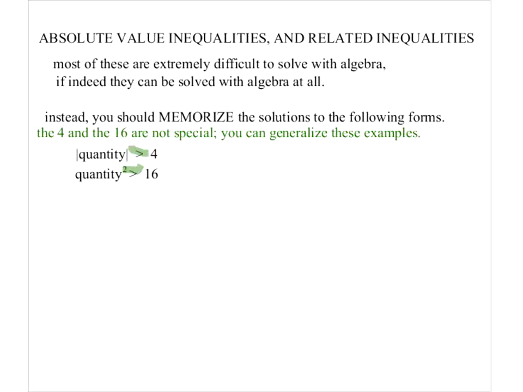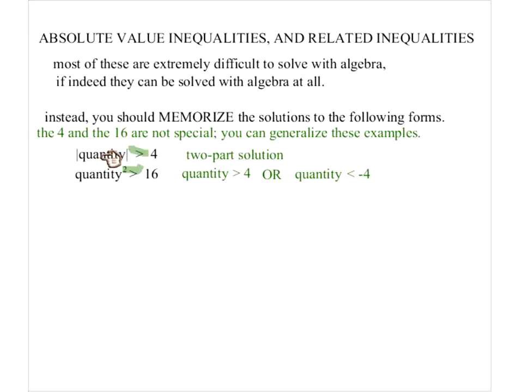If you wind up with absolute value and greater than, it's a two-part solution: either quantity is greater than 4, or quantity is less than -4.